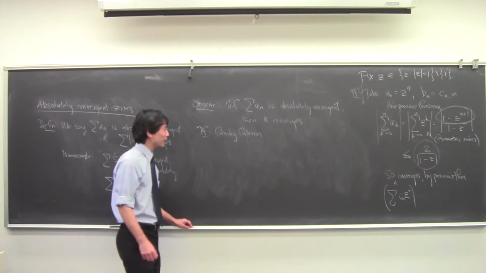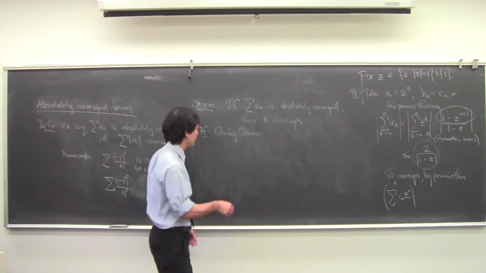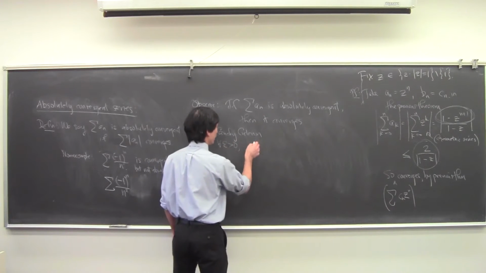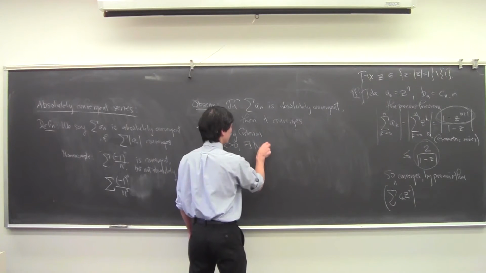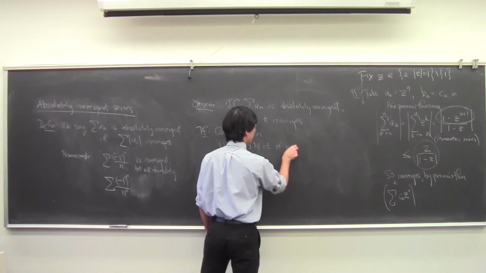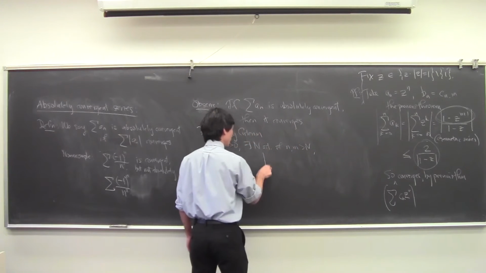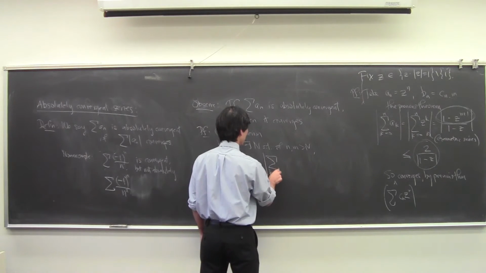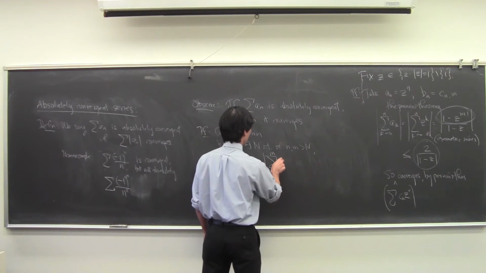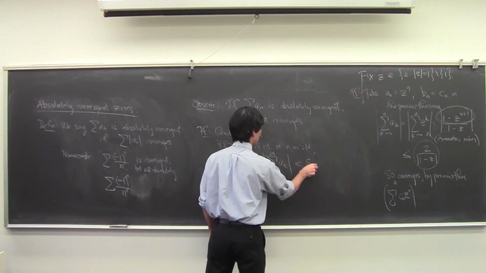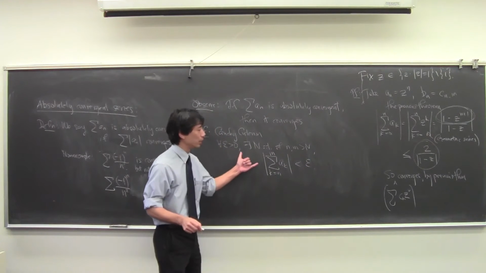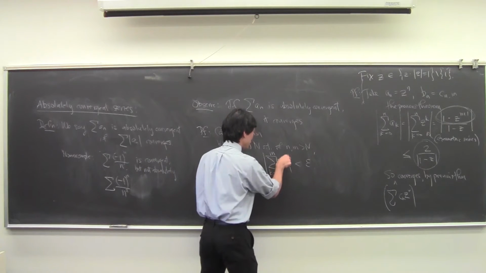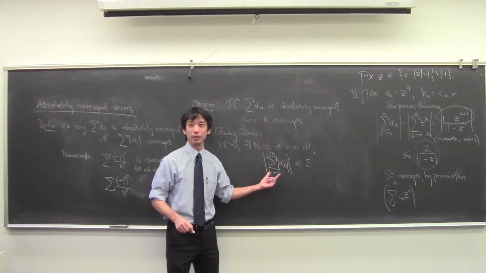Triangle inequality, right? Because the Cauchy Criterion says, given any epsilon, there exists a time such that when you're past that time, the absolute value of the sum from k = n to m of a_k is smaller than epsilon. That's what you need to show. And you already know that the sum of the absolute values is smaller than epsilon.